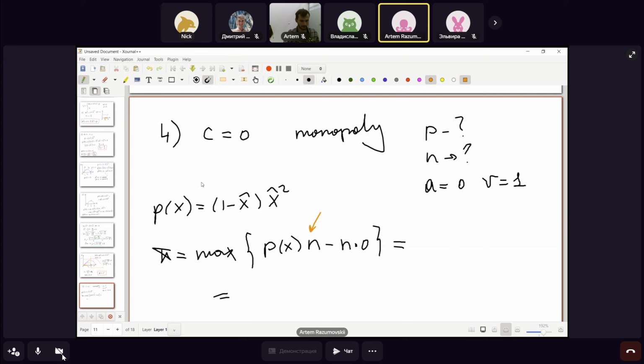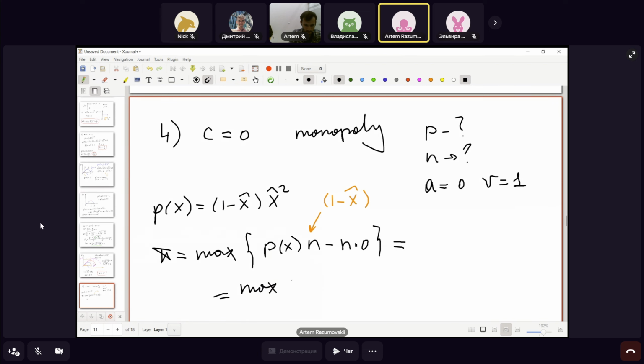We remember that utility is increasing in x, so everyone who has the indifferent x hat and above will join the platform. So in our case, it's 1 minus x hat. Right? Okay.